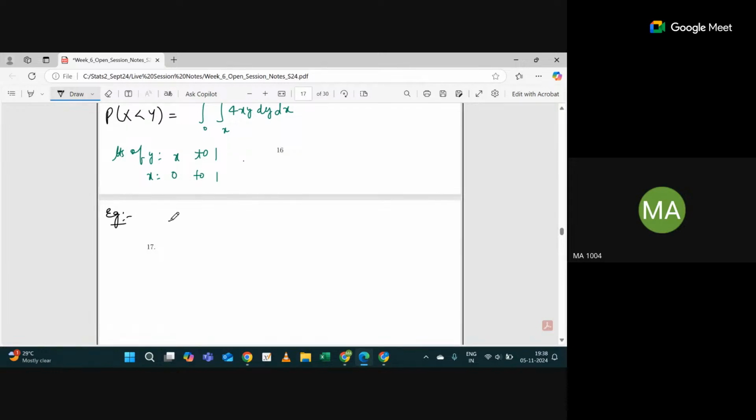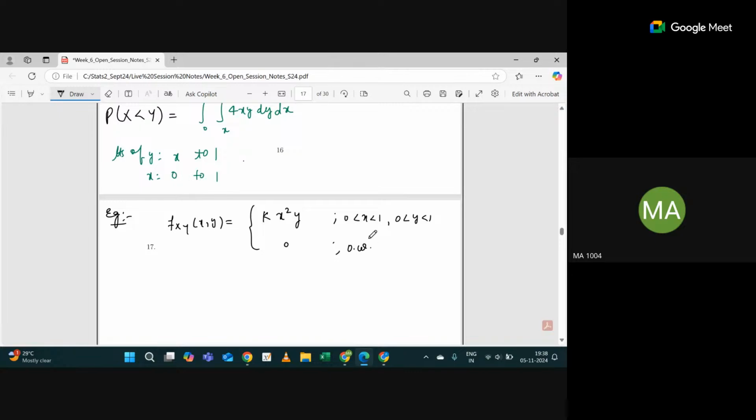Okay, everyone has pen and paper right now? Yes, sir. So suppose I'm saying f(x,y) joint density is k times x square y, and let's say support of x is 0 to 1 and y is also 0 to 1 and 0 otherwise.